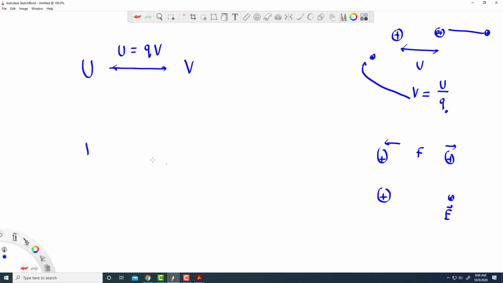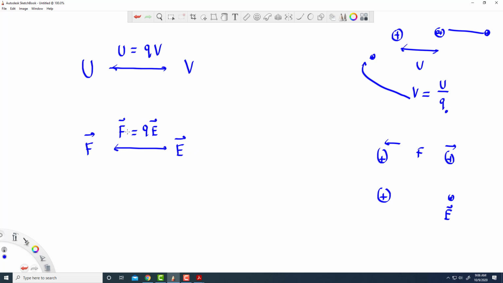So electric field and force are related. Both are vector quantities, so they are related by force is Q times E. If you know electric field, you can find force, and if you know force, you can find electric field using this formula.